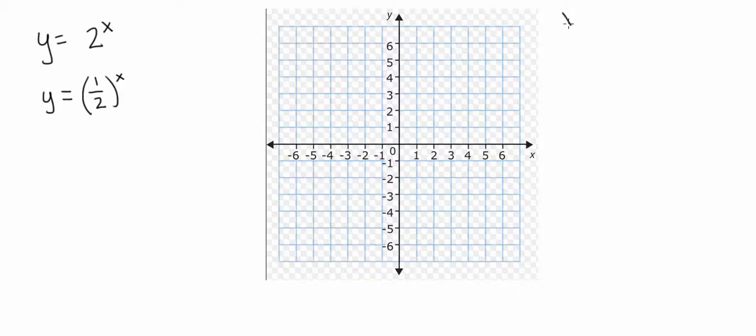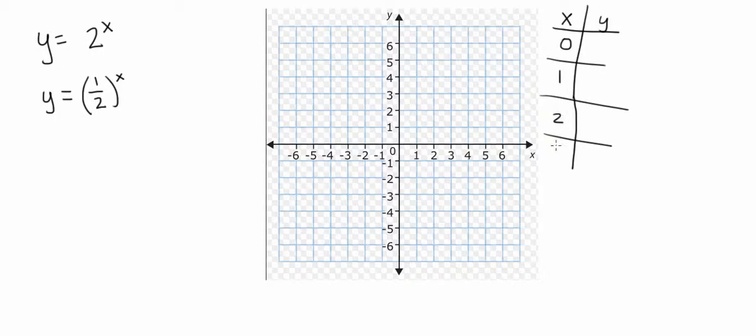So we're going to examine what they look like. We'll create a table of values for these equations, plot them, and see what they look like. We'll go 1, 2, 3, and so forth. Starting with 2 to the x power: when we substitute, that's 2 to the 0 power.